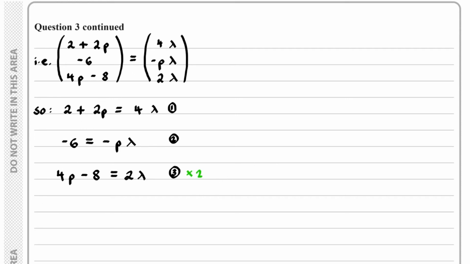leaving me with, well, 4p times by 2 is 8p, minus 8 times by 2 is minus 16, 2 lambda times by 2 is equal to 4 lambda.